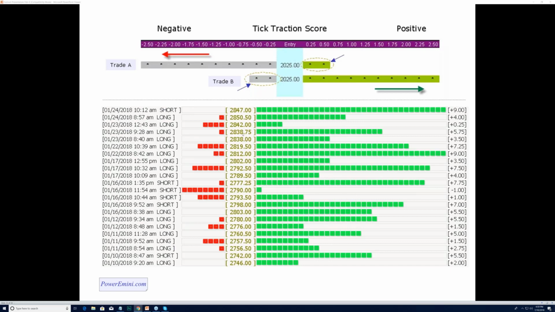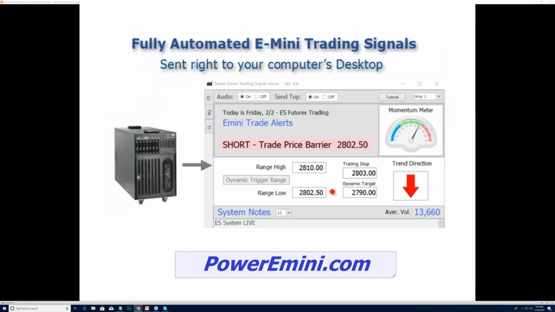So this is just an example of a traction meter that shows typical trades, the times they went through, the amount of negative drawdown that was incurred before the positive traction occurred, and then a discretionary trader could get in and trade this in different ways.